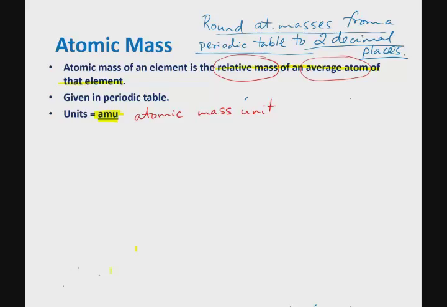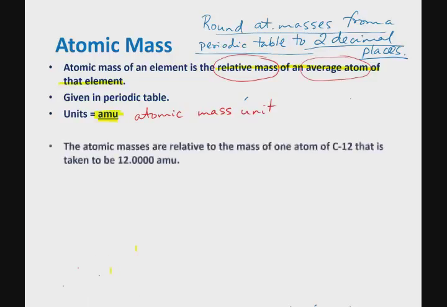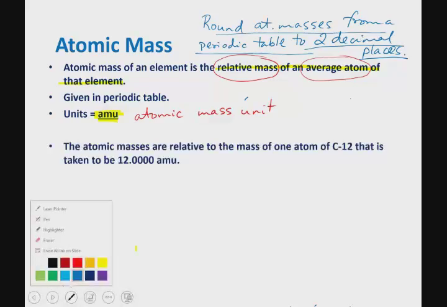Similarly, atomic mass of an average atom of iron would be 55.85 AMU, or iodine would be 126.90 AMU. So the atomic masses are relative masses of average atoms of all elements in units of AMU. The atomic masses, as we said, are relative. They are relative to the most abundant atom on the surface of the earth.